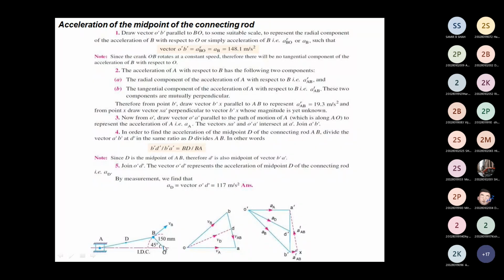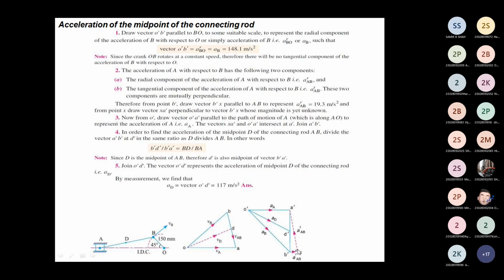We focus on the parallel one, so we draw parallel to the space diagram. O is here, OB is here, so I draw the OB line parallel to the space diagram. One thing you may remember is that it is in the clockwise direction, so I also go in the clockwise direction.